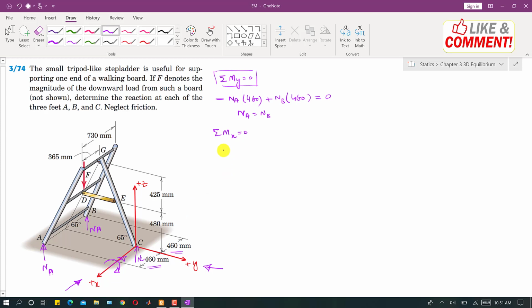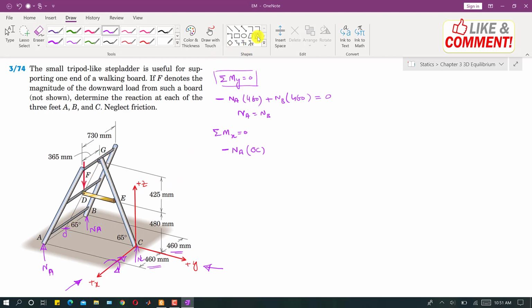So I can write this as minus NA, and the perpendicular distance of this NA from this point C is this perpendicular distance. Let's say that this point is O, so this OC distance is the perpendicular distance of NA from point C. This OC distance is not directly given, but we are given this 65 degrees, this 480 mm and this 425 mm, so we can find it by using this triangle GOC.